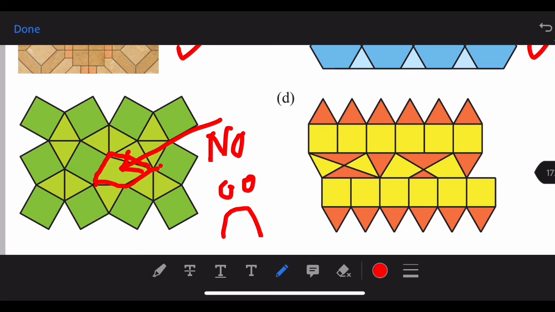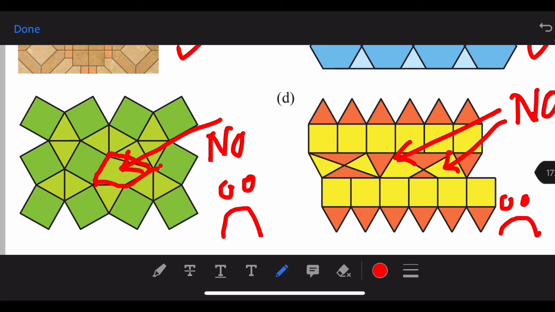Then the last one, you can see this one and this one are not repeating, right? So no, it's not a tessellation. Why? Because it must repeat or recur the pattern or the shape, right?